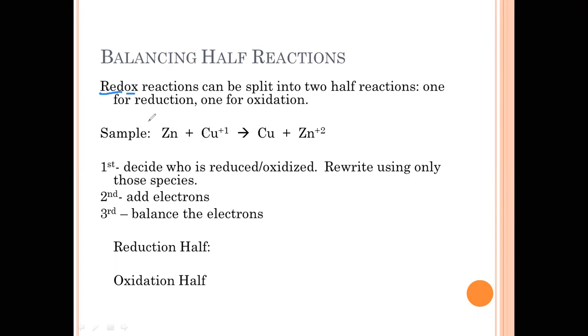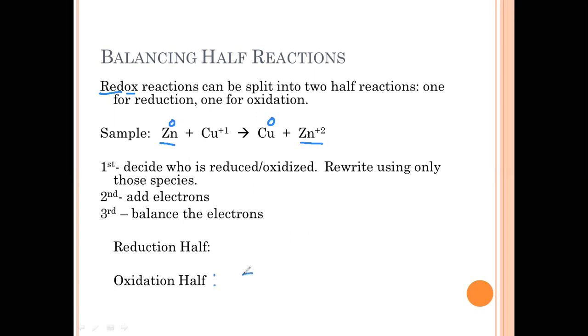Okay, so this is the sample we're working with. We have Zn by itself, so I'm going to write its charge as 0, plus Cu+1 yields Cu, and that's going to be 0 on that side too. Okay, first thing I'm going to do is decide who gets oxidized and who gets reduced, and then I'm going to rewrite using only those things. So I'm going to look at Zn. Zn goes from Zn0 to Zn+2, so that gets oxidized.